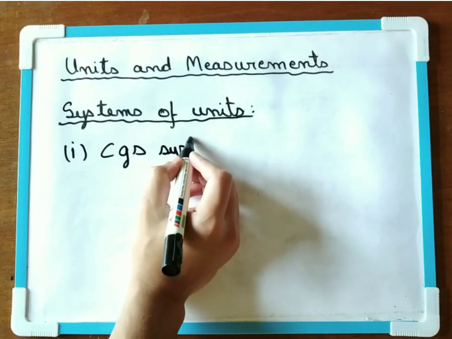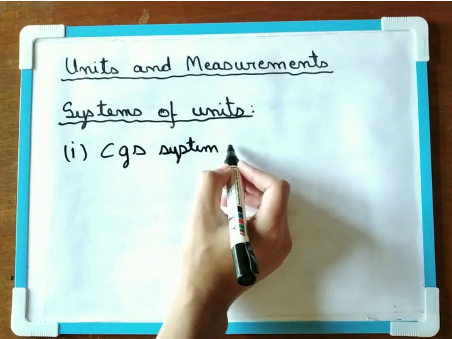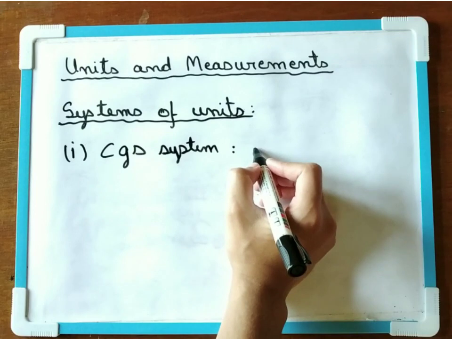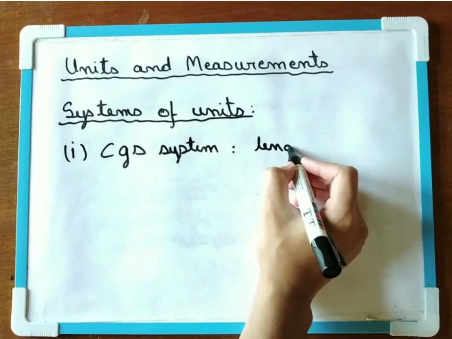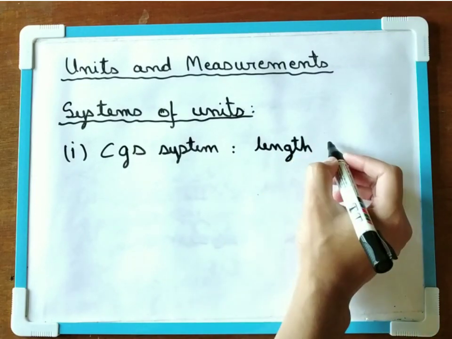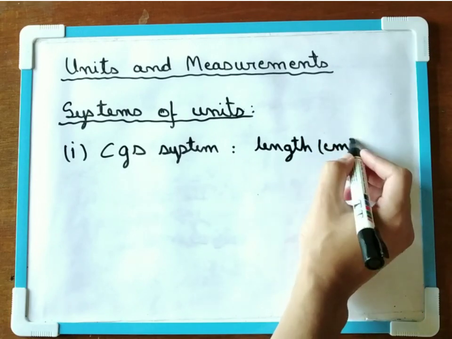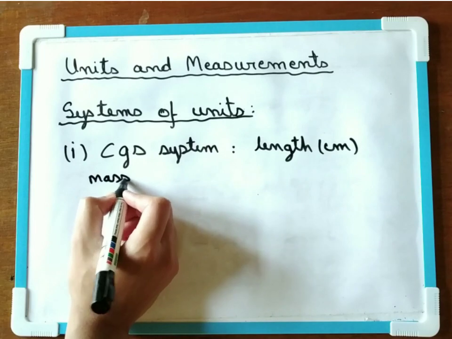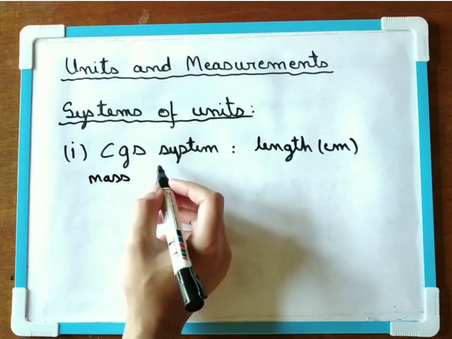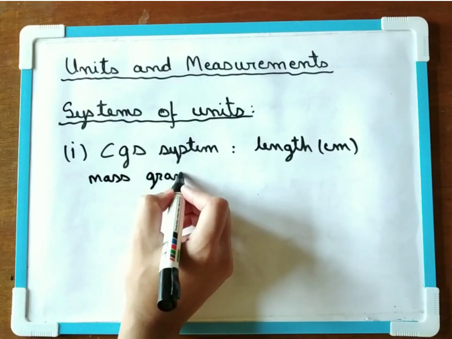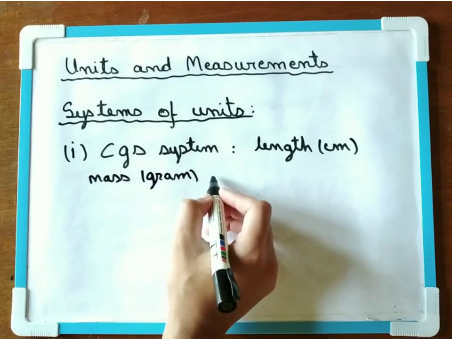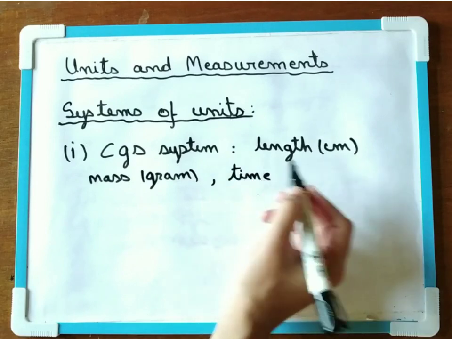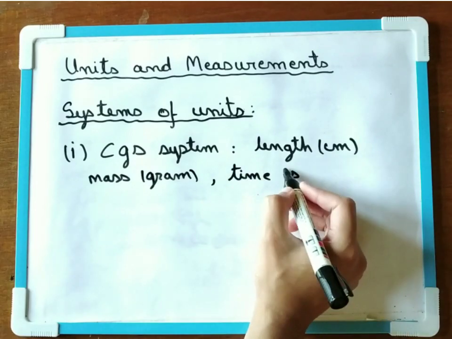Now in this system, we measure length in terms of centimeter, mass in terms of gram, and time in terms of second.